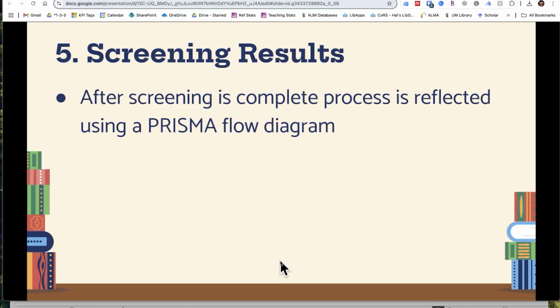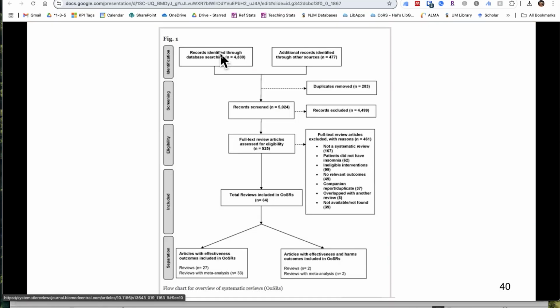Okay, so after you're done with your whole screening, that is reflected, as I said, using your PRISMA flow diagram. Here you can see in this sample that for this particular study, they had just over 4,800 articles. They identified some additional ones through other ways, and duplicates, 283. They screened just over 5,000 and got rid of roughly 4,500.